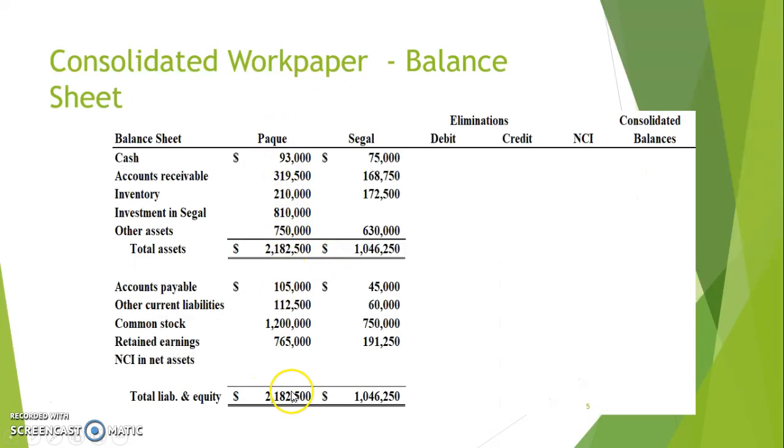Balance sheet for the parent and balance sheet for the sub. You would note that since we're using the cost method, the investment in Seagull appears here at $810,000, which is the original amount that was paid for the company. So no change is made to the investment account unless there is a liquidated dividend.